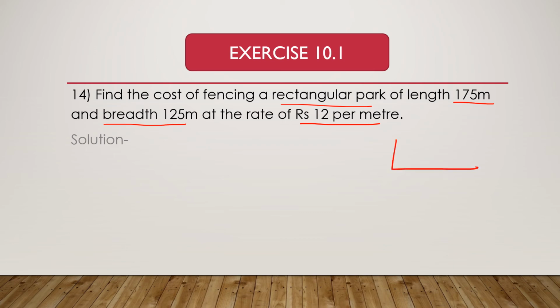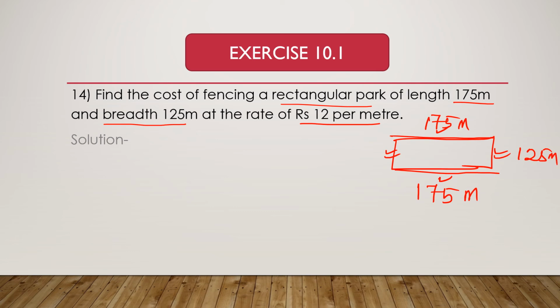So this is a rectangular park, and in a rectangle opposite sides are equal. Length is 175 meter, so it is also 175 meter, and breadth is 125 meter, and this one also 125 meter.